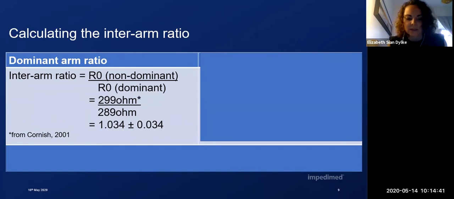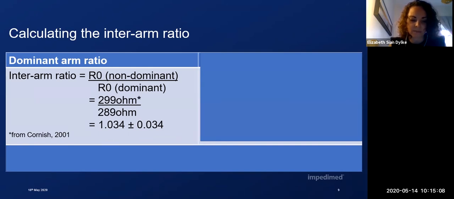So if we take the R0s from the original Cornish and team paper, which are the ones most usually used for the detection thresholds, they found in a sample of 60 healthy women without known lymphedema or risk for it, that the dominant arm had an impedance of 289 ohms, while the non-dominant arm had a higher impedance at 299 ohms.